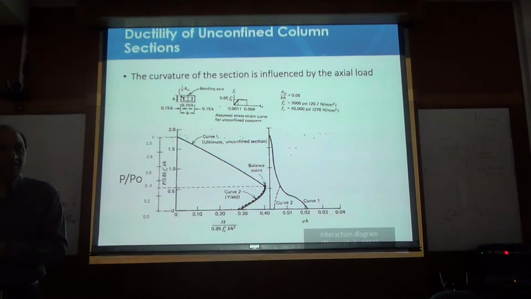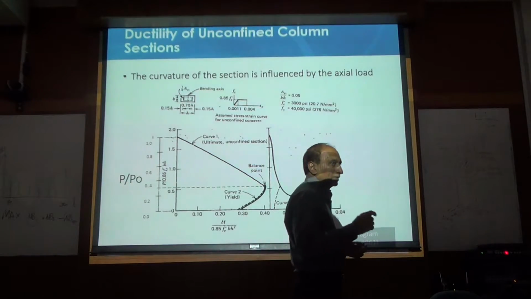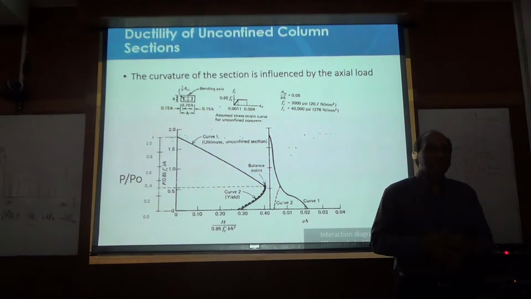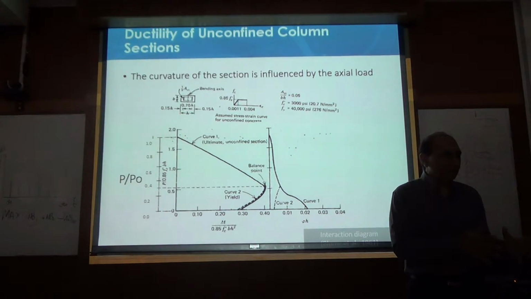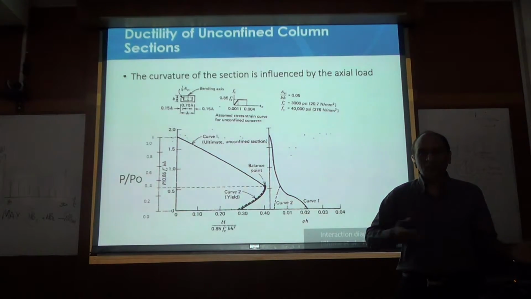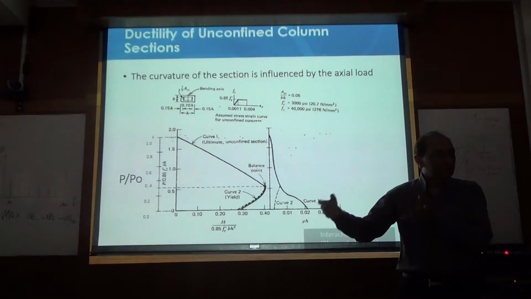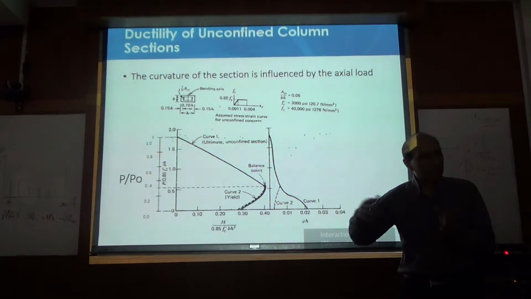Keep the columns elastic. And that is why the ACI code and other codes which are dealing with this say strong column, weak beam design. Make the columns strong, make the beams weak. Let the beams yield first. So they will yield, they will reduce the demand of earthquake because of many effects.